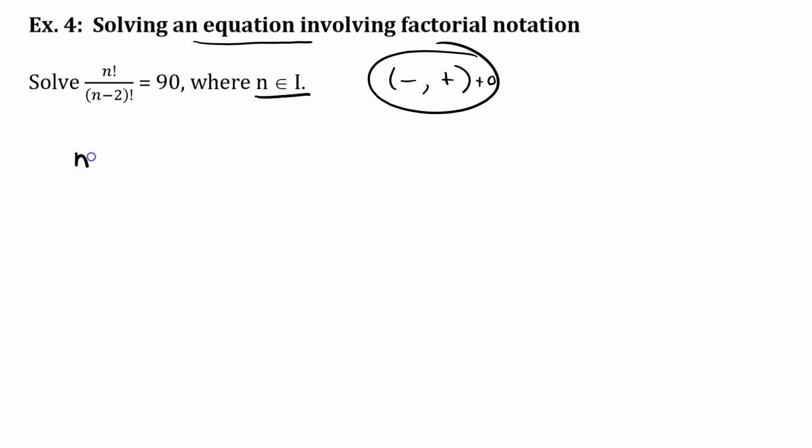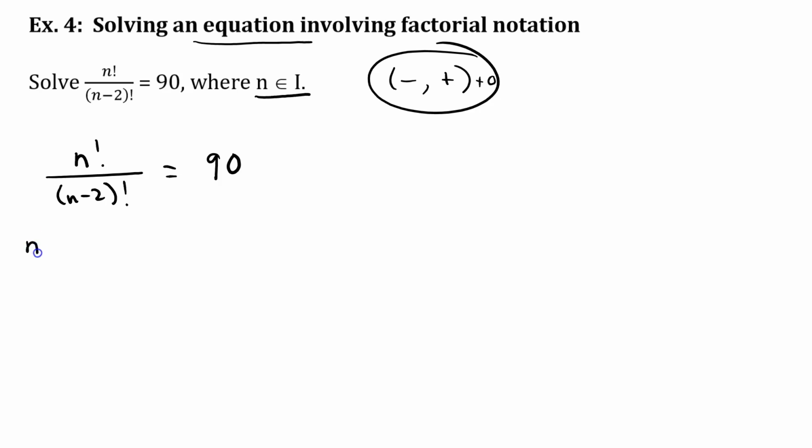So n factorial over n minus 2 factorial equals 90. Going to use the same skills as we learned in the last video, in the last example. We're going to expand this n factorial so that we have something that's helpful to cancel with in the denominator.